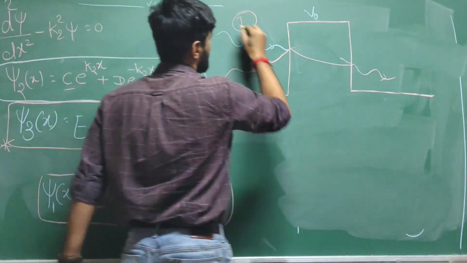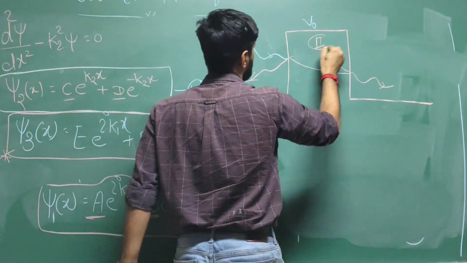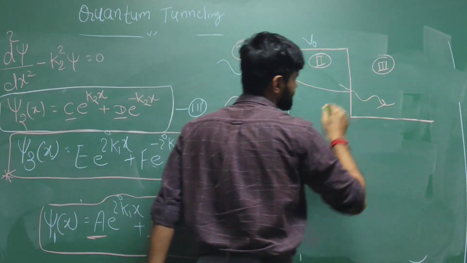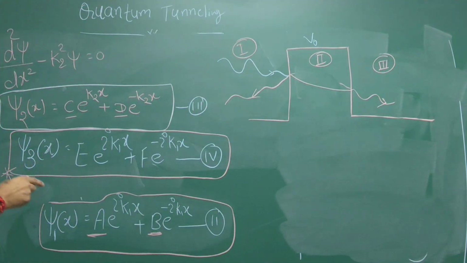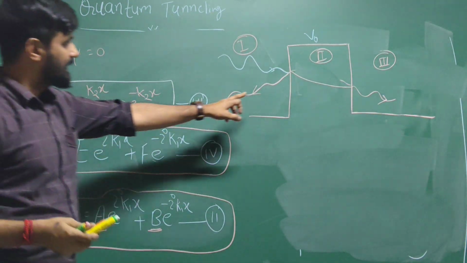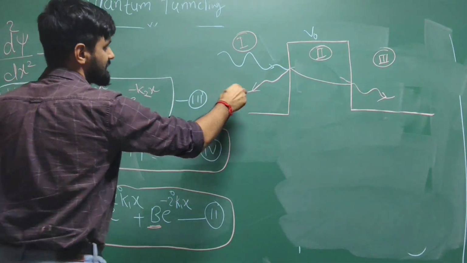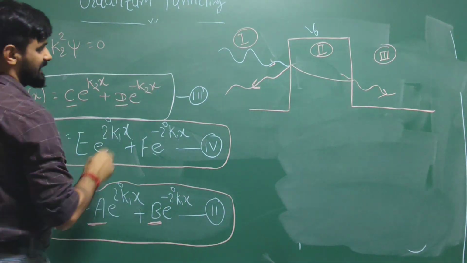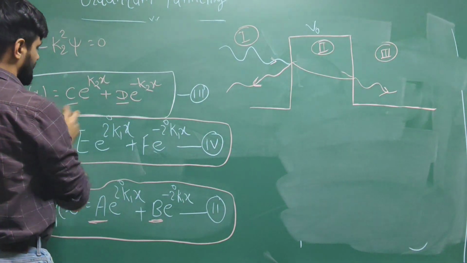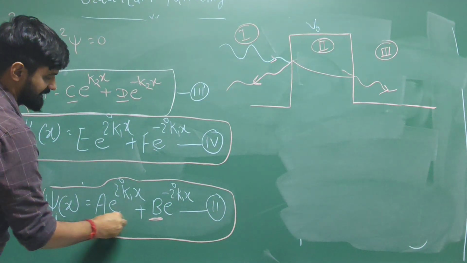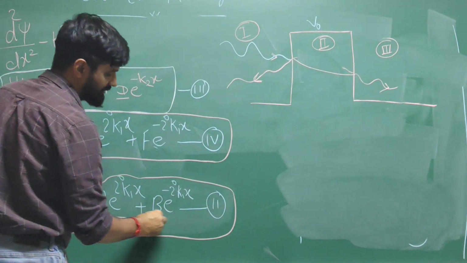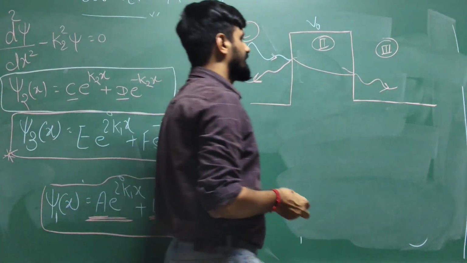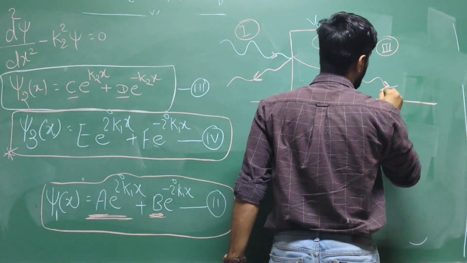This is our region 1, this is region 2 and this is region 3. In region 1 there is an incident wave and then a reflected wave, so both parts will be there. In region 2, one is a decaying part and one is an increasing part. But in region 3 there will be only the forward-moving part.